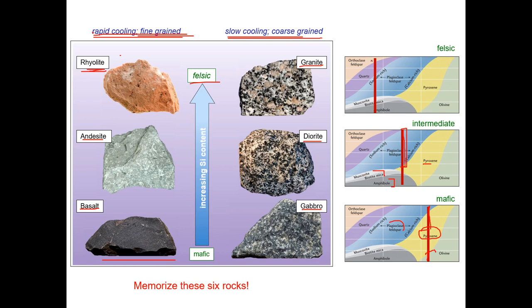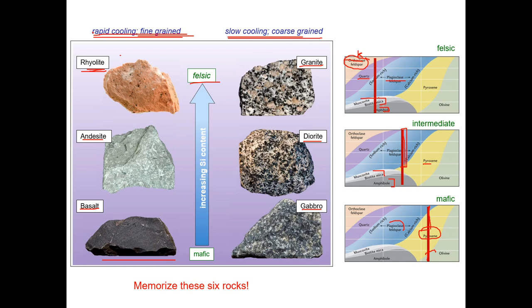Your felsic rocks are going to have potassium feldspar. I'm going to call this potassium feldspar instead of orthoclase feldspar, but you should know that they're roughly the same. It's going to have quartz, plagioclase feldspar, and some mica and some amphibole in it. Okay? So you should know what minerals are common in the different compositions: felsic, intermediate, mafic, ultramafic.